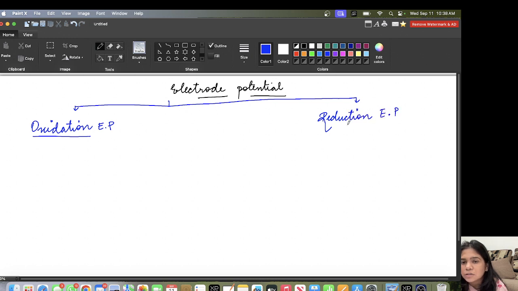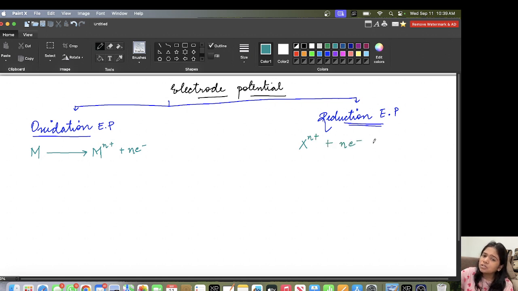So what is oxidation? Oxidation is loss of electrons. I'm writing an equation: M metal loses n electrons. This is what your oxidation is. What is reduction? Suppose your X metal ion accepts electrons. Reduction is accepting of electrons to give you X metal. That is your reduction potential.